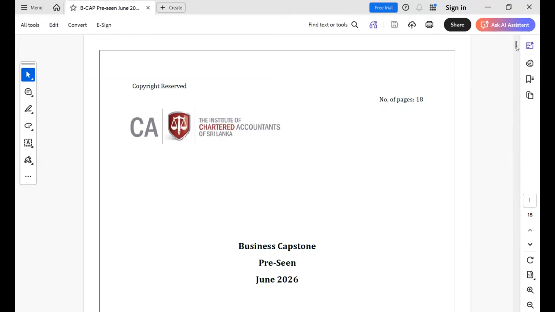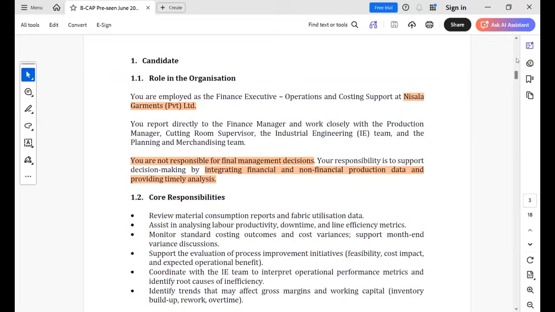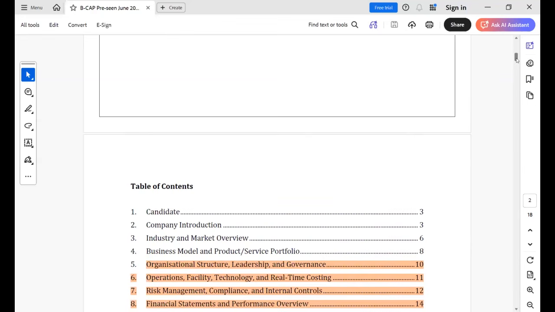Right. Before we move into this capstone, what I would like to highlight is that you have now completed step one of the stages in the examination series.